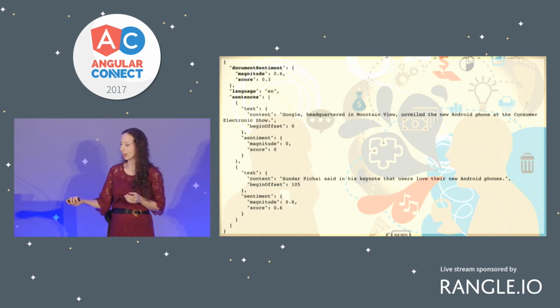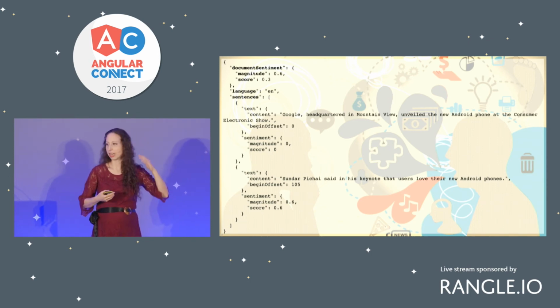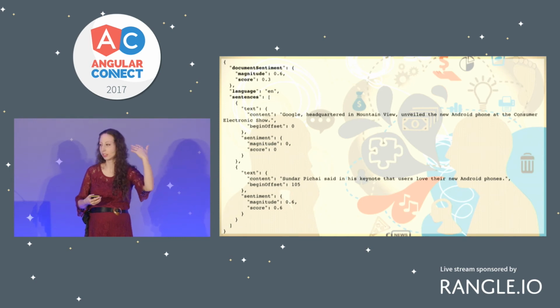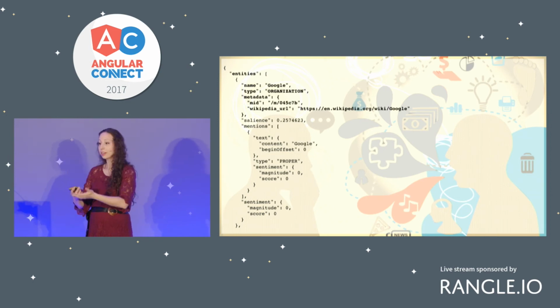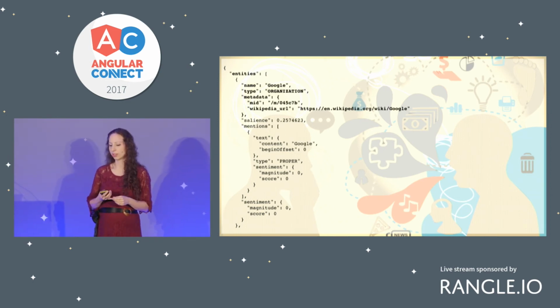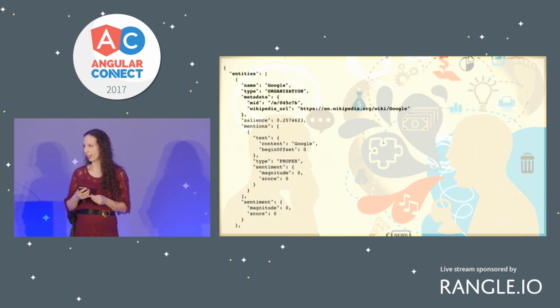You get, of course, the language, and you get a breakdown to the sentences with also the content and sentiment for each sentence by itself. You get entities. So in this example, this is the example that we have on the Google API page.